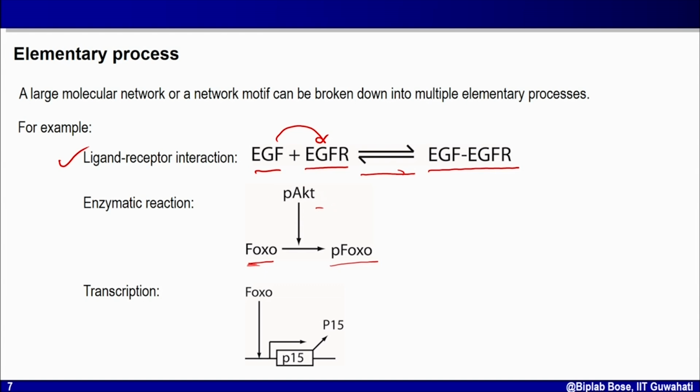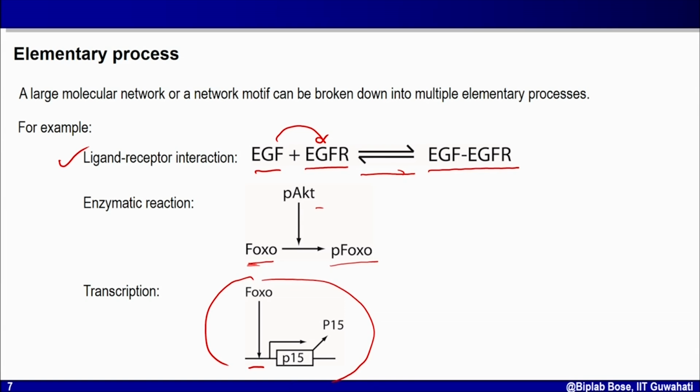A transcription can also be an elementary process. For example, I have the P15 gene which is expressed under the control of FOXO. FOXO acts as a transcription factor and it activates expression of P15. So this whole transcriptional unit, I can consider as an elementary process.